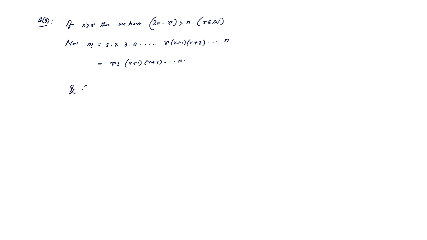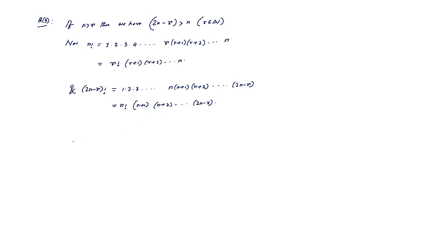And we also write 2n minus r factorial equals 1 multiplied by 2 multiplied by 3 up to n into n plus 1 into n plus 2 up to 2n minus r. So that means you can write it as n factorial into n plus 1 into n plus 2 up to 2n minus r.